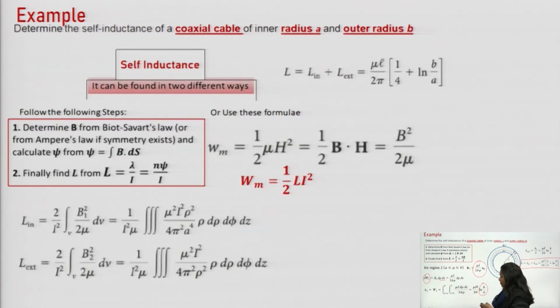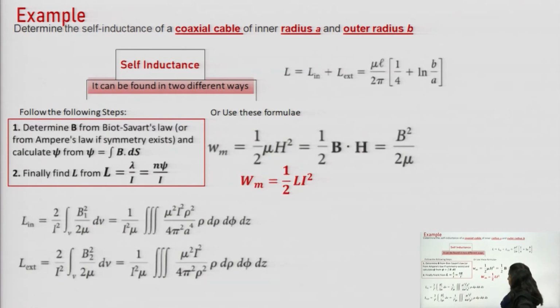The same thing can be solved using a second method also. In the second method we need to apply these two formulas. We know the B value in the first case and in the second case. We simply apply this formula, where L is equal to 2 Wm by I square.